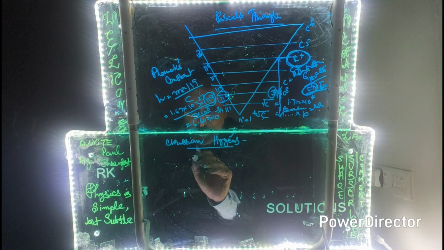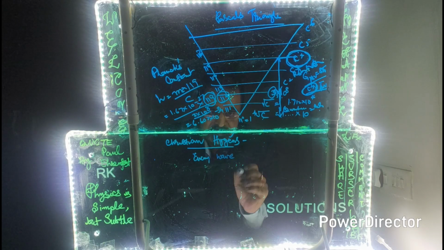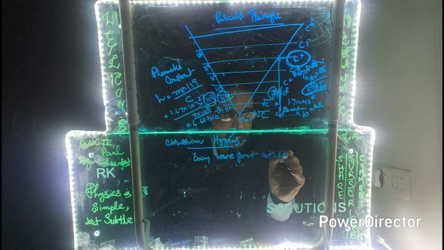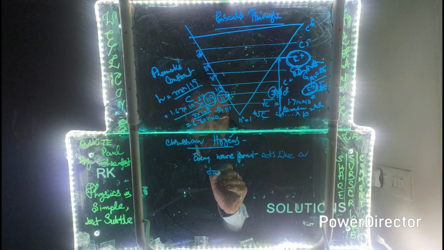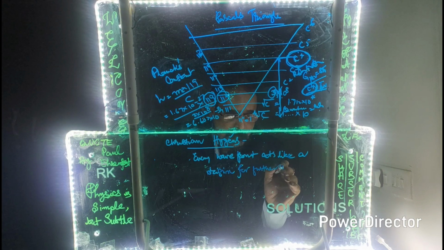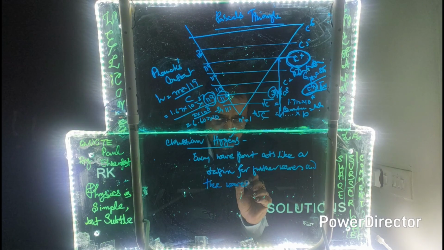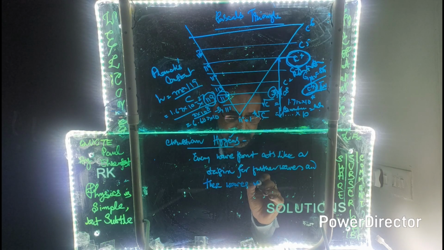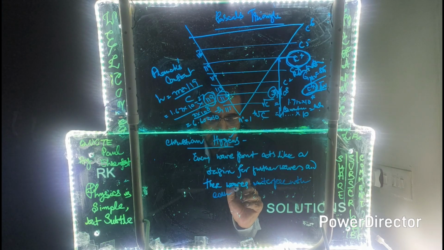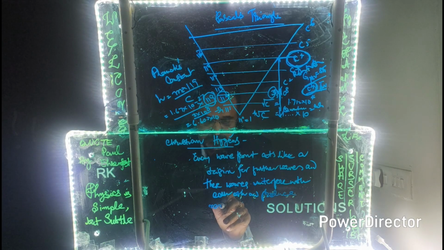What it says is every wave front acts like an origin for further waves, and these waves interfere with each other and produce the next wave front.